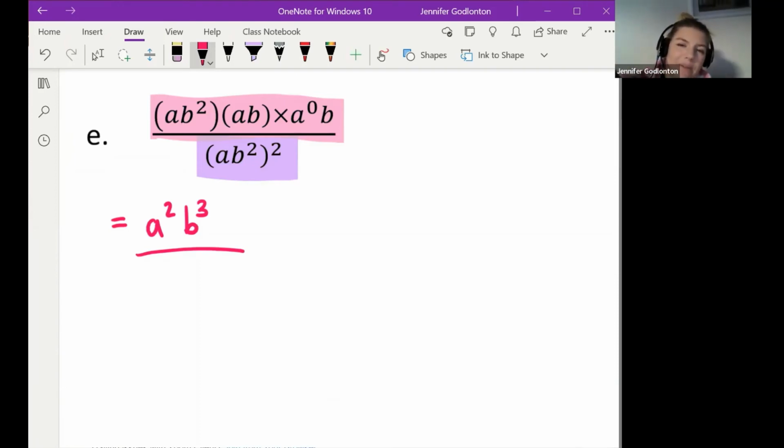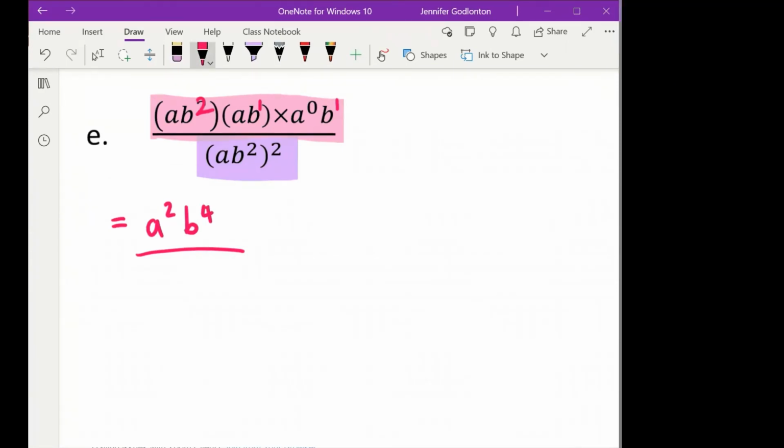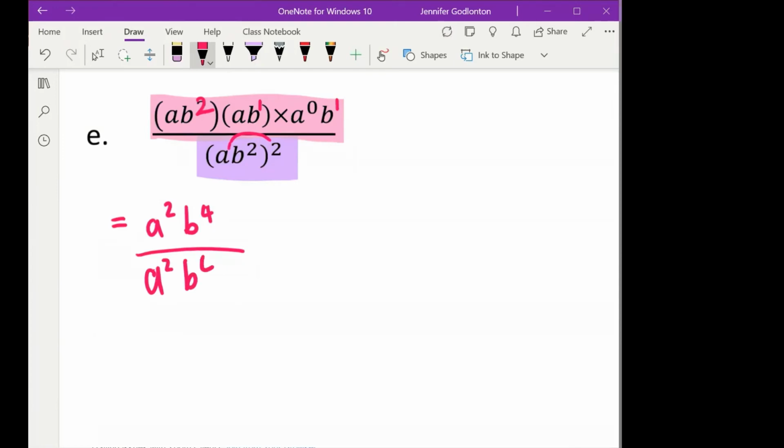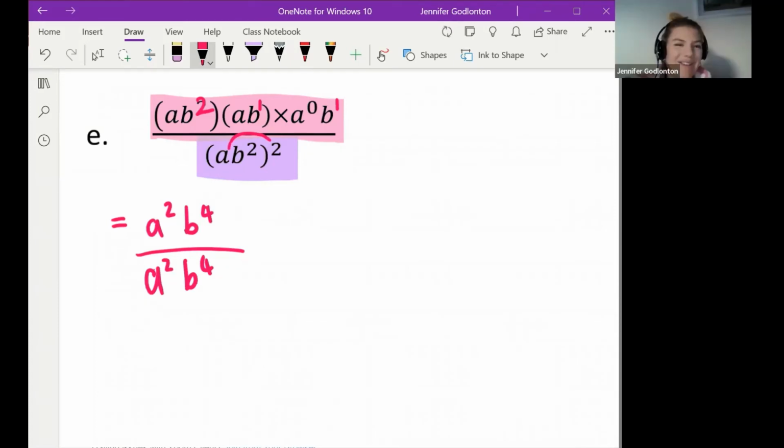Your b to the power of 3, you've got 2 b's there, then you've got 1 b there, and you've also got another b here. So that one's going to be b to the power of 4 up there. Oh, yes. And then here, we're multiplying. So that's going to be 1 times 2, so that's going to be a squared. Yes, I loved your b to the power of 4. That was great. Good. Nice job, Layla. Okay, so we land up with a squared b to the 4 over a squared b to the 4, which is 1.